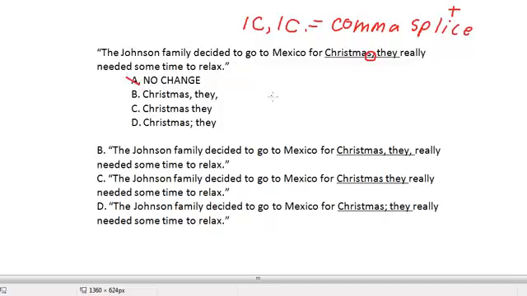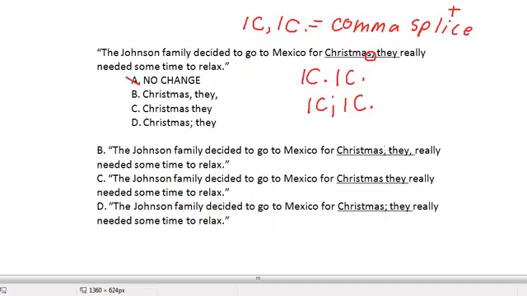I'm going to use what I found out in option A to help me save time in answering this question. In order to solve the problem of a comma splice, I know that I either need to put a period in between the two, or I need a semicolon. So I'm going to look through the options for either a period or a semicolon separating the two clauses.